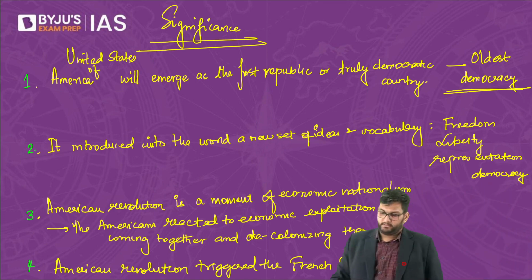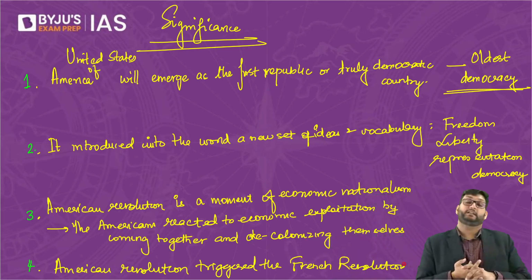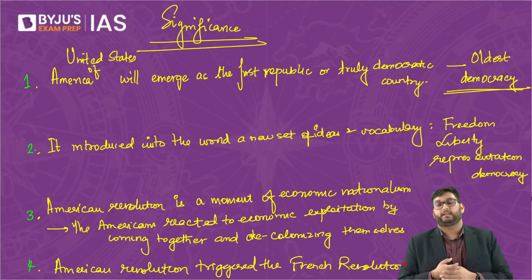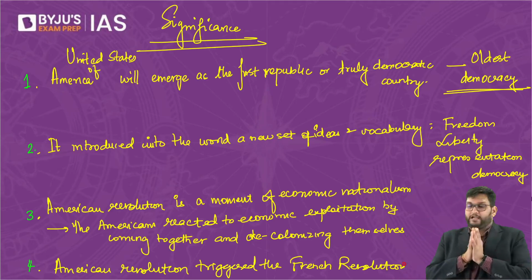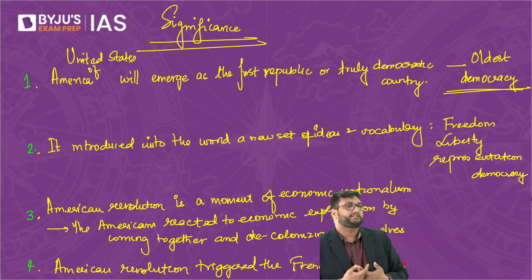Liberty and freedom are this. Fraternity is the French Revolution, along with the Declaration of Rights, which we'll discuss. The first point is that the United States of America is the oldest democracy, obviously the first republic in the world.